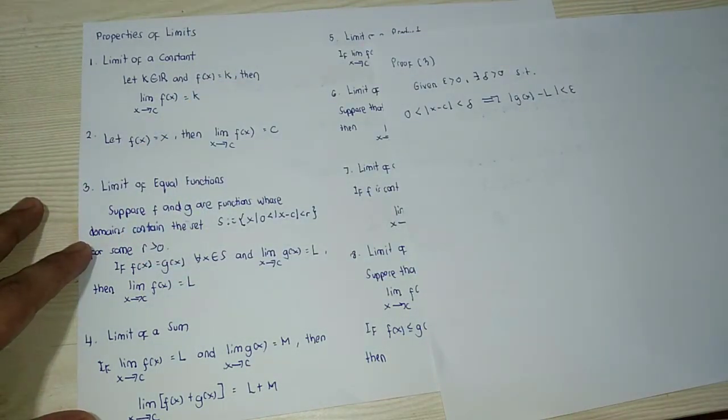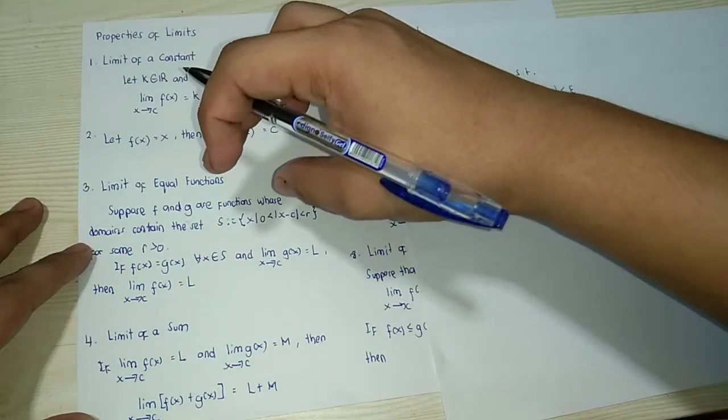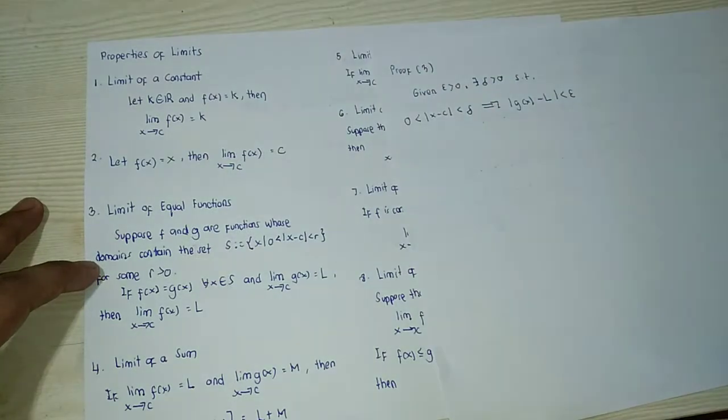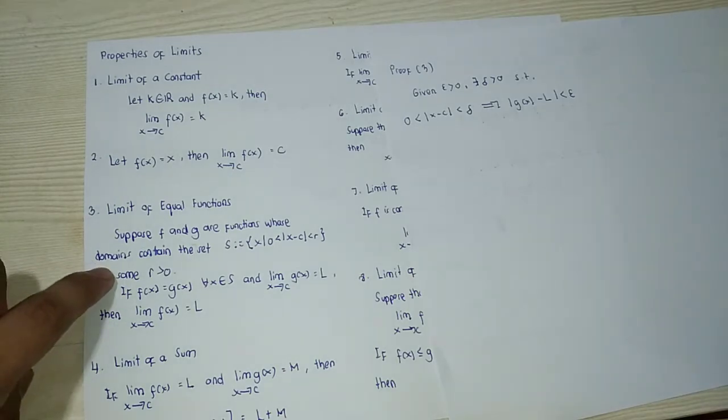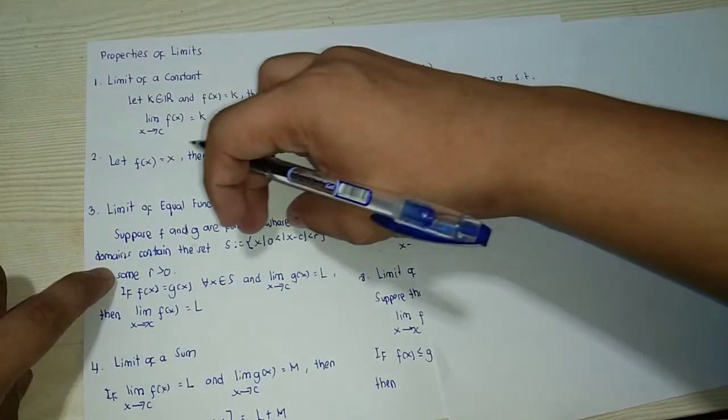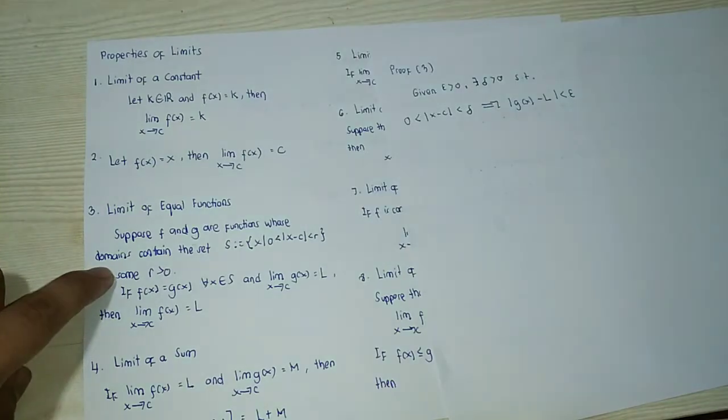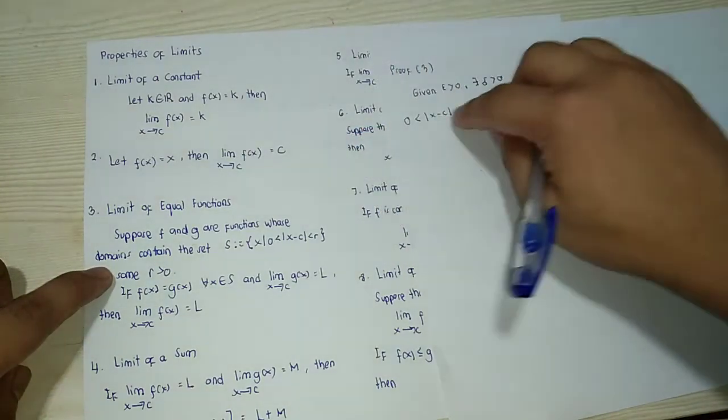Okay? So now, according dito sa ating given, magi-equal daw ang f of x tsaka g of x kapag daw yung domain contains this set. So i-let natin yung delta kung saan gumagalaw yung values ng x.